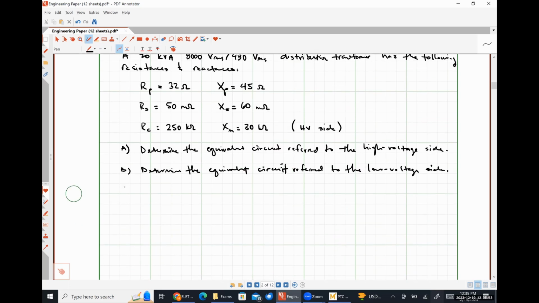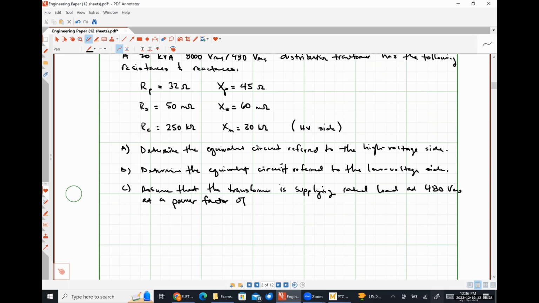And C, let's actually use this thing for something. We assume that the transformer is supplying rated load at 480 volts RMS at a power factor of 0.8 lagging.